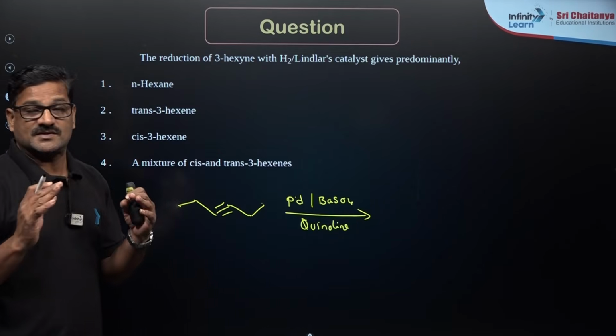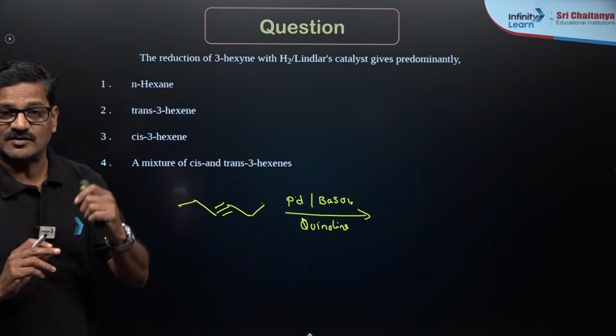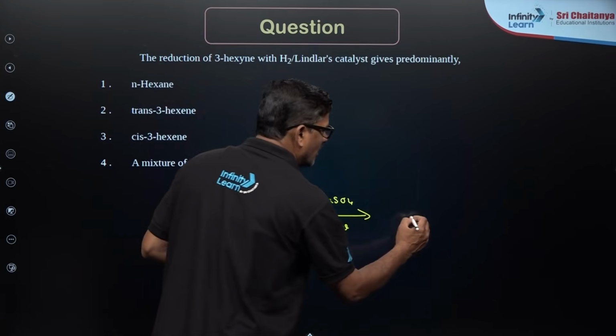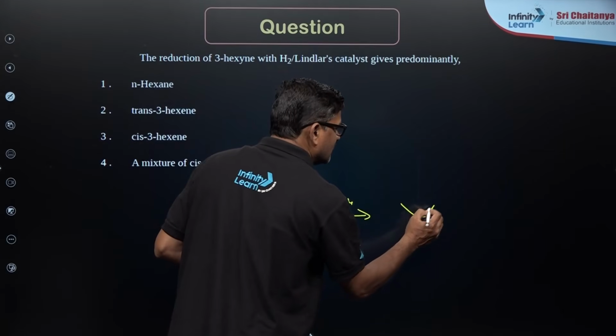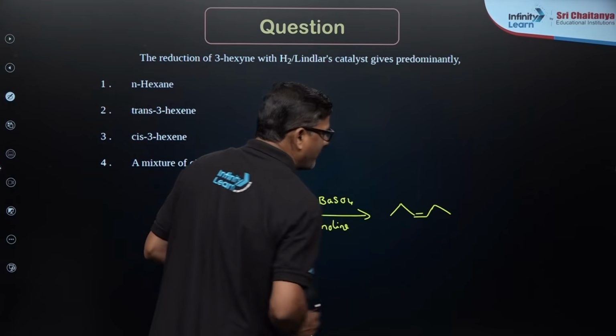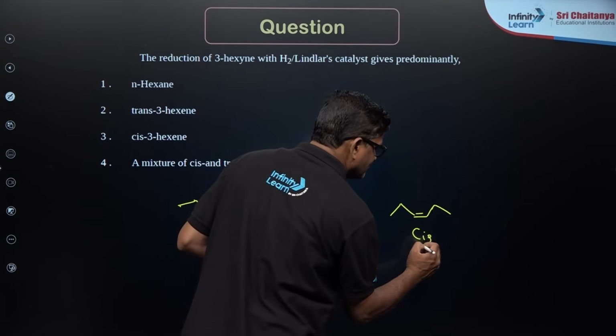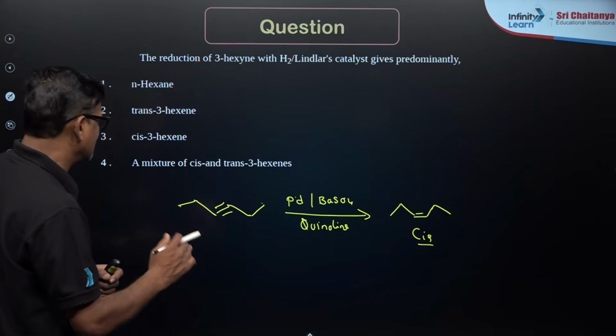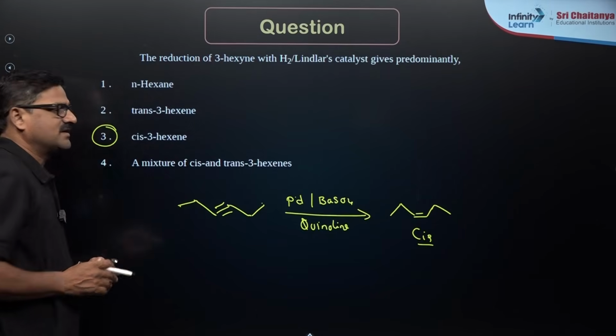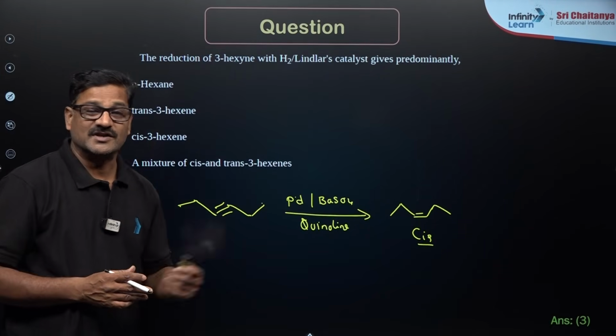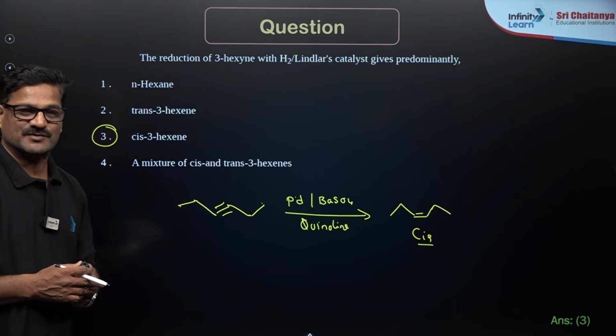It undergoes syn hydrogenation. It is a controlled hydrogenation. You are going to get a cis alkene. So it is a syn addition. So cis-3-hexene is formed. Option 3 is going to be the correct answer for this question.